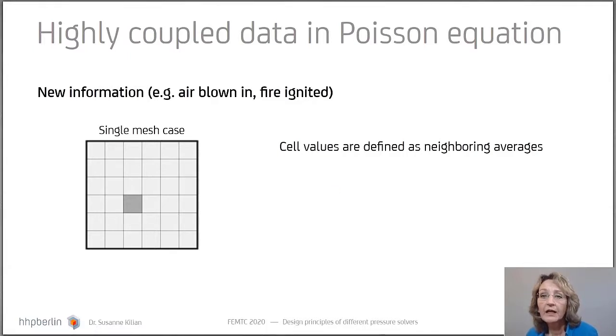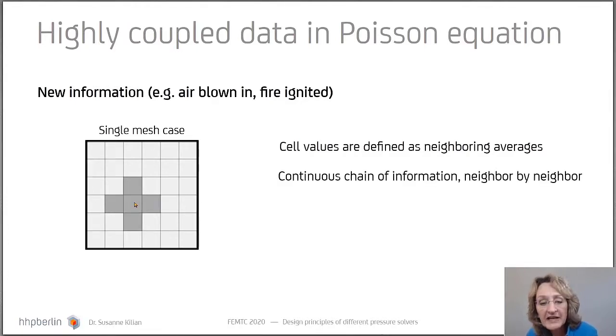So, if you now have new information in some cell of your domain because you blow air into it or you ignite a fire, then this cell tries to be an average with all of its direct neighbors corresponding to the matrix stencil. And these cells in turn try to be an average with their neighbors.